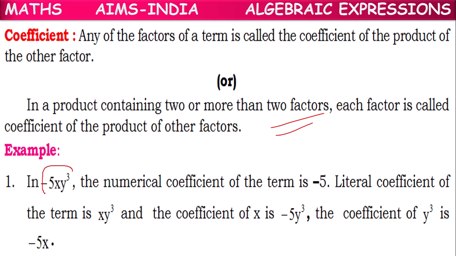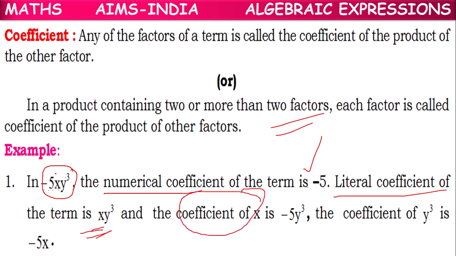Suppose we have minus 5xy cube. The numerical coefficient is minus 5. The literal coefficient is xy cube. If you want only the coefficient of x, then the remaining part in the term will act as the coefficient of x.